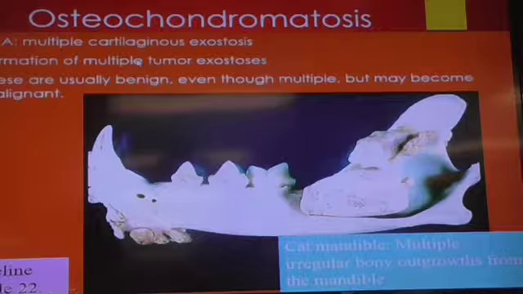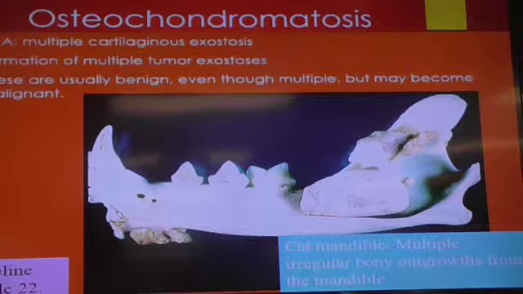How often do you see osteochondromatosis? Not very often. That's why we're just going to fly by this one. They also call it multiple cartilaginous exostosis. And it's bony proliferations in areas, specifically the mandible. A few years ago, I had a student who said she had a dog come in, and he had this really firm mass underneath the skin, and it ended up being just a benign proliferation of bone.